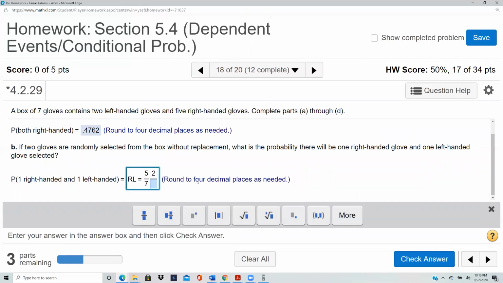And it would be the same as first left, second right. So this is fine. So what's wrong? 5 times 2 is 10, times 2 is 20 over 42. Wasn't that 20 over 42?